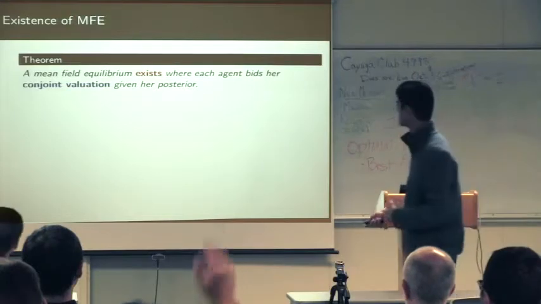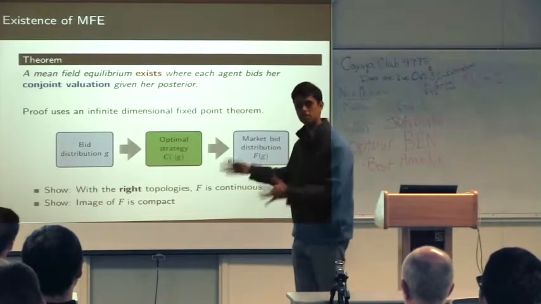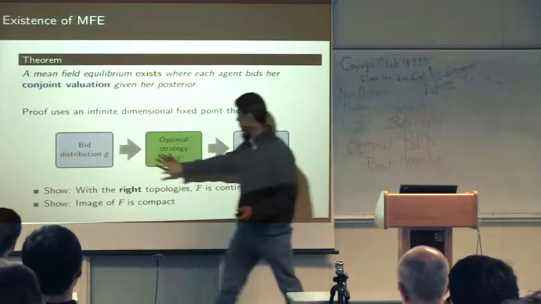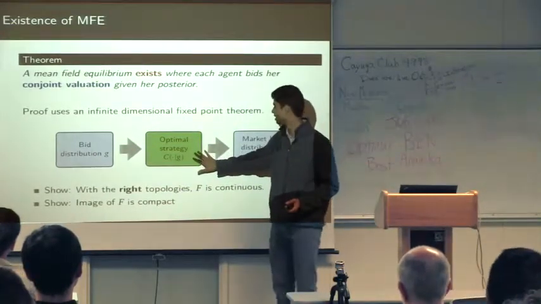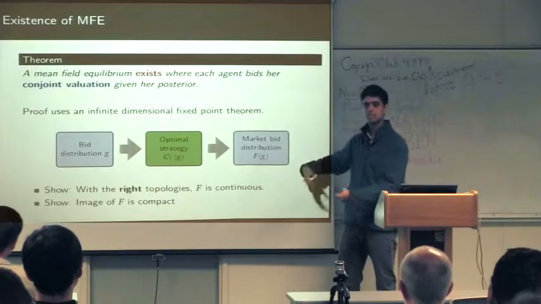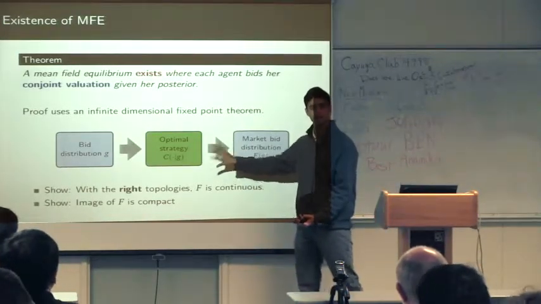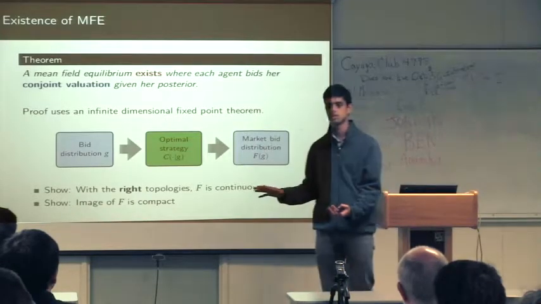Right? So in particular, the proof is basically showing this fixed point theorem, where you start with some bid distribution and compute the optimal strategy, CSG, and then you find what is the bid distribution that is realized, and you want to show that this map has a fixed point.